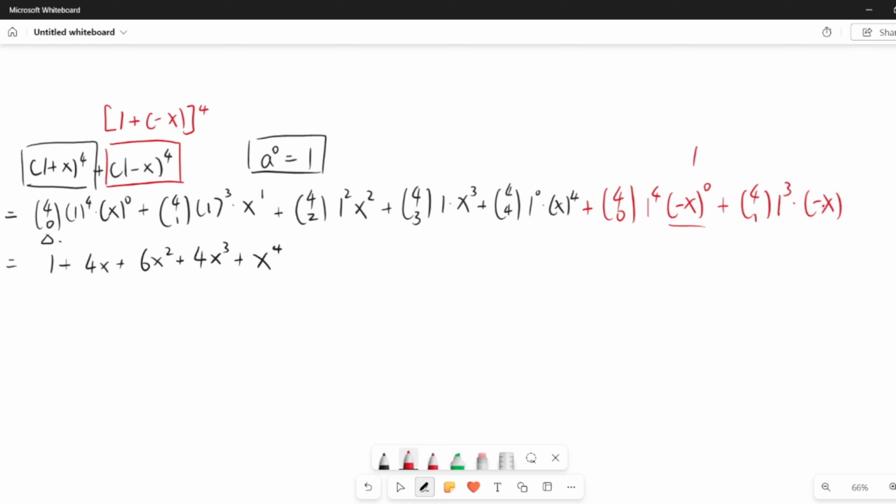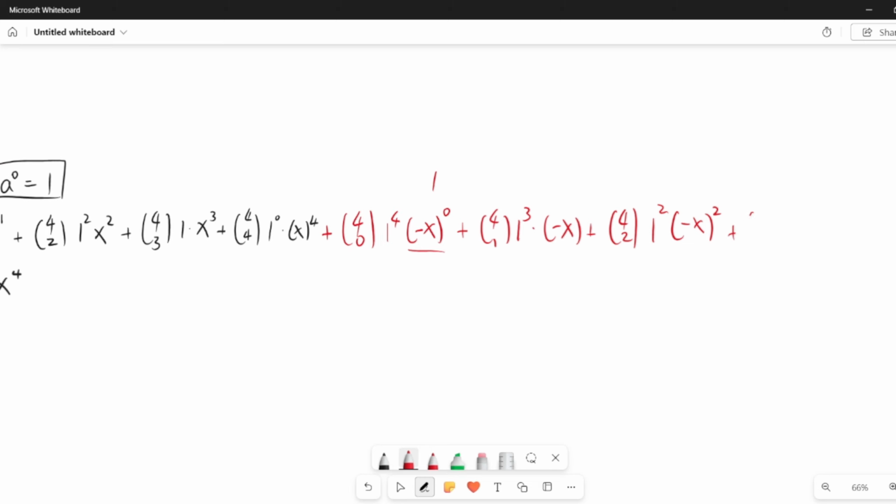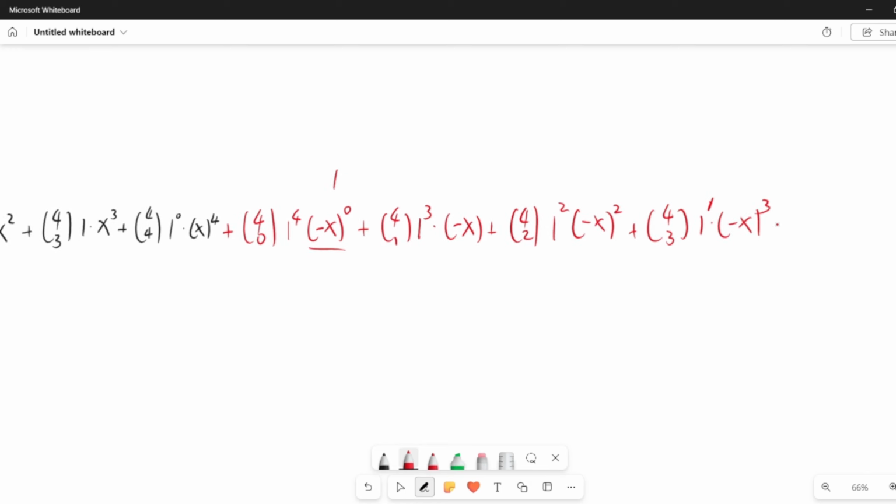And you just follow the same rule. Now in here, that's minus x squared plus minus, it's actually minus x to the power of 3. Now do remember, this is 1 to the power of 1, so that 1 can be ignored.